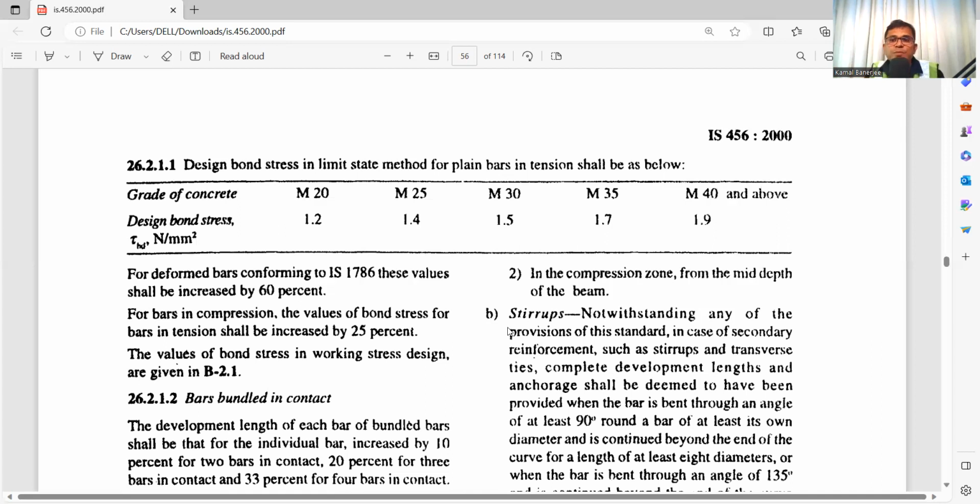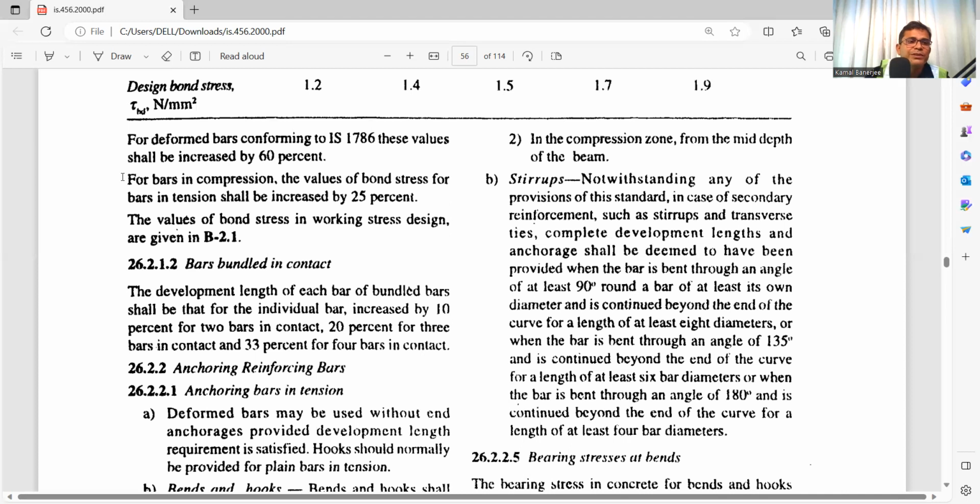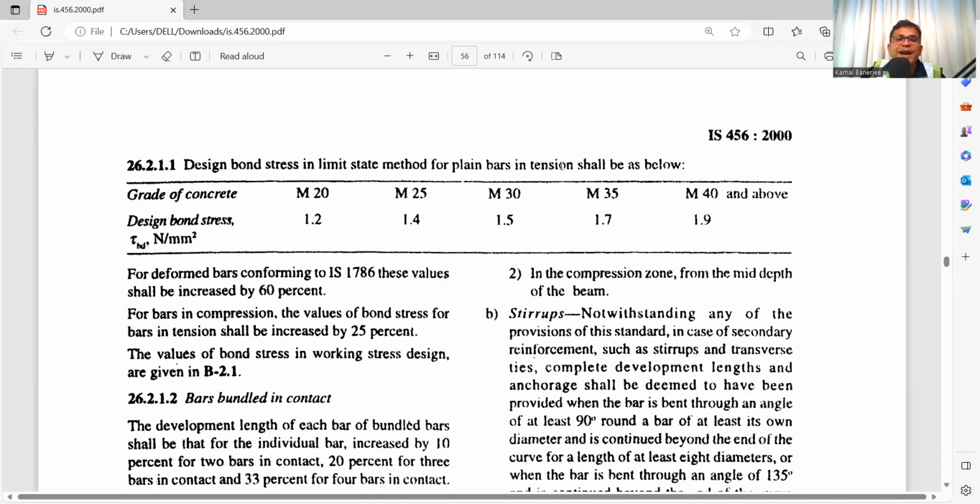Now we have been discussing the tension member. If it is a compression member, what will happen? Here again, in the same clause of IS 456, it is mentioned that for bars in compression, the value of bond stress for bars in tension shall be increased by 25%. So if it is a plain bar in compression, this 1.2 will be multiplied by 1.25.